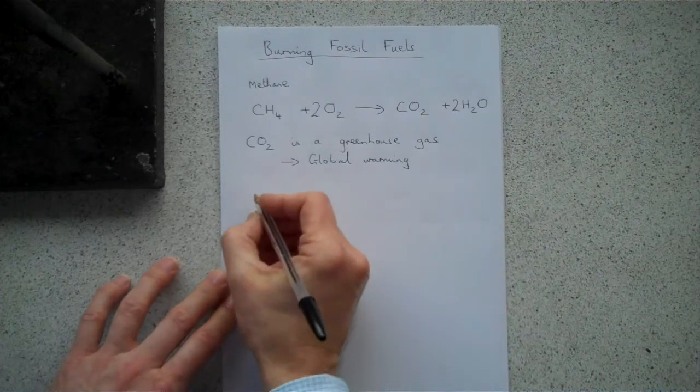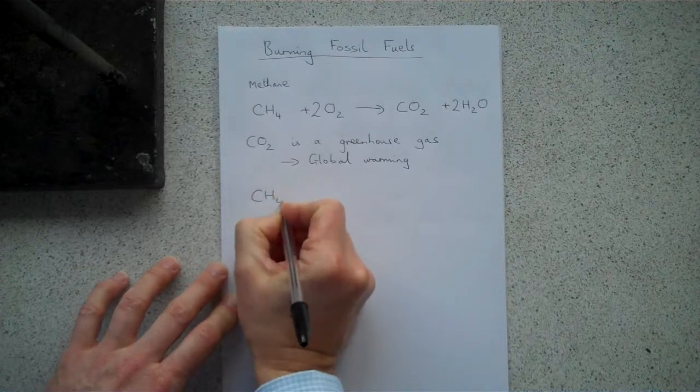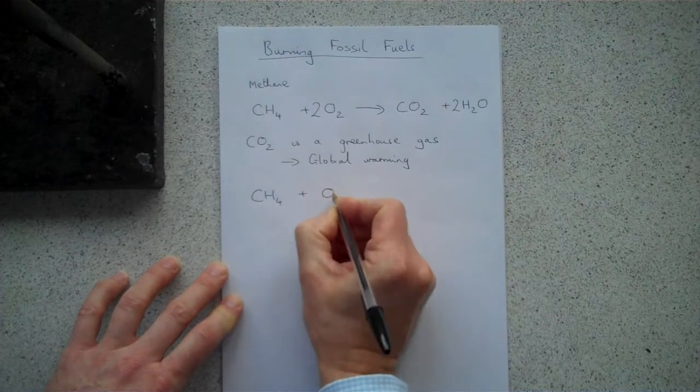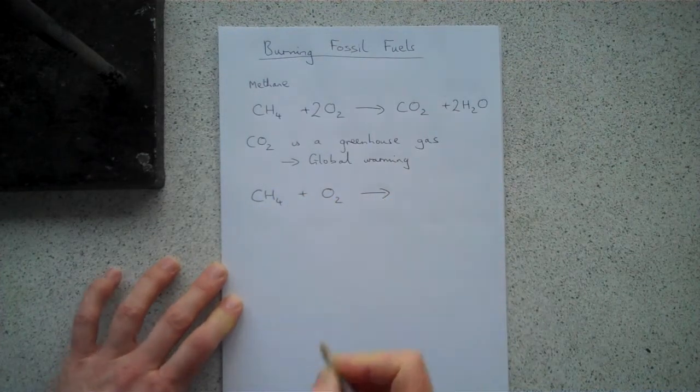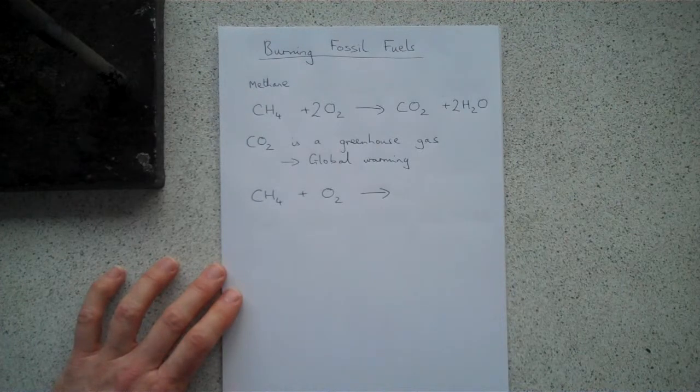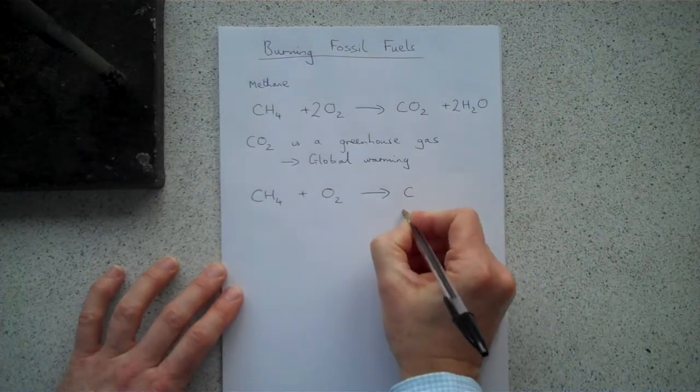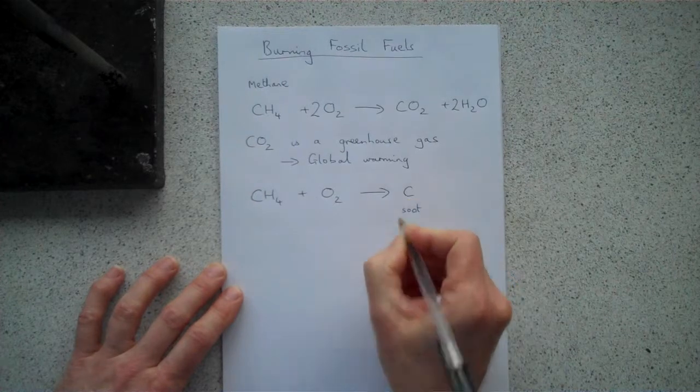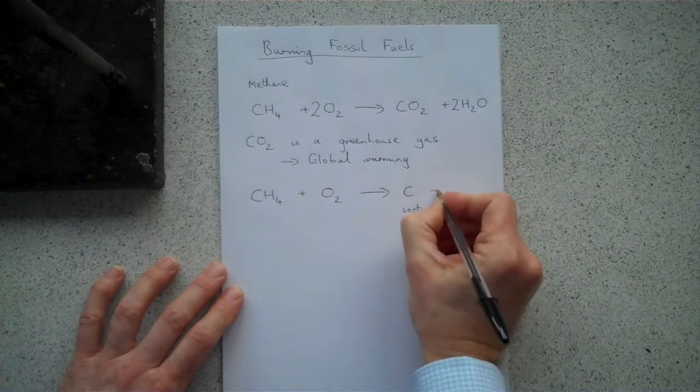But when you don't have enough oxygen, you get this visible yellow flame. And if you heat things up with this yellow flame, you will notice after a few minutes of heating something, it has a black coating on it. And that black coating is soot. And soot is very small particles of solid carbon.